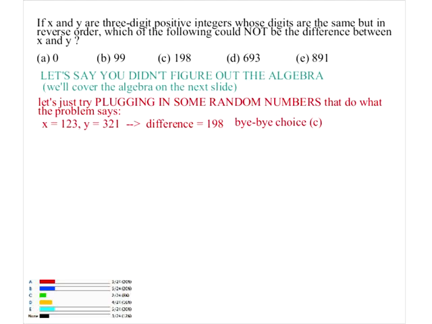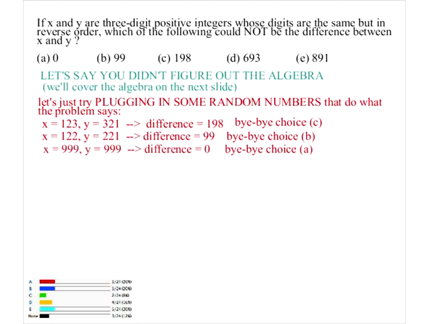The difference is 99, which is choice B. Somebody wrote 101. If x is 101, then what's y? Yes, 101 again, same kind of thing, so the difference between those numbers is 0. So that's choice A.